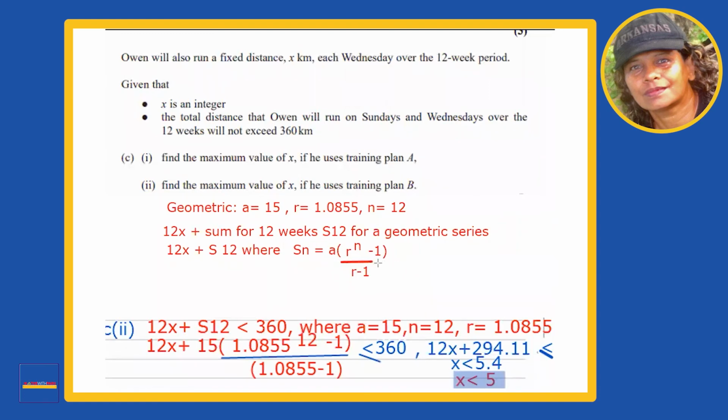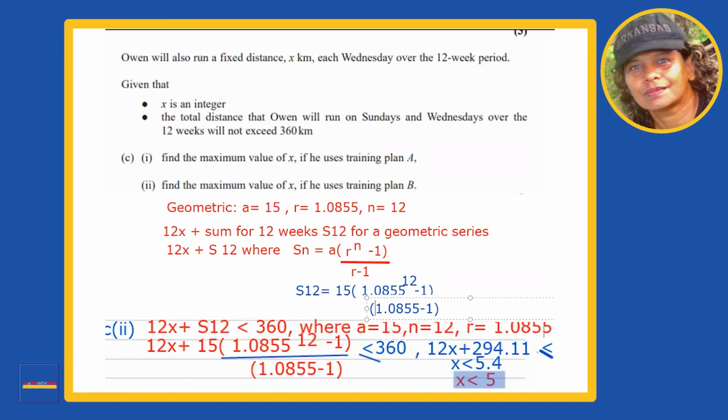Okay, now if we substitute what we know, S12 is equal to 15 into 1.0855 to the power 12 minus 1 over 1.0855 minus 1.